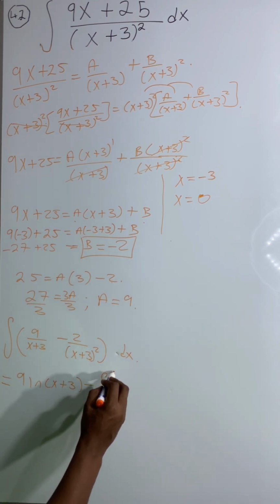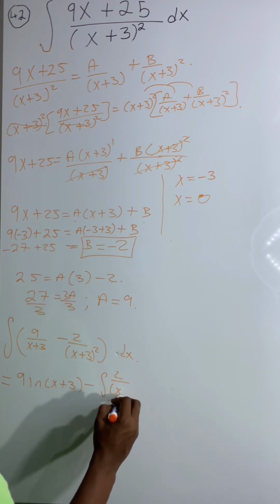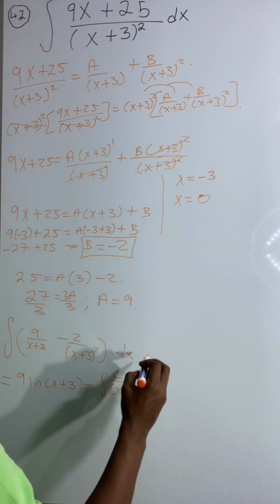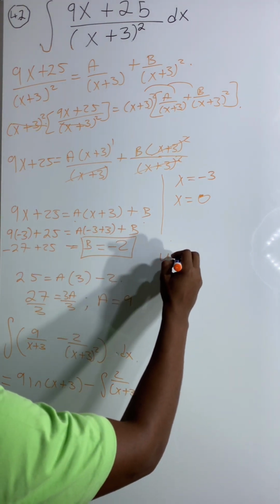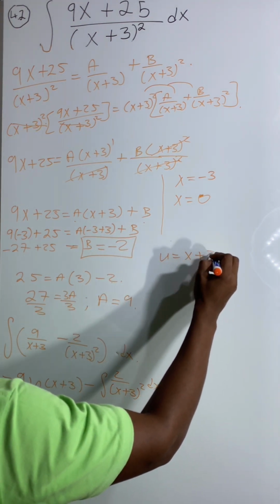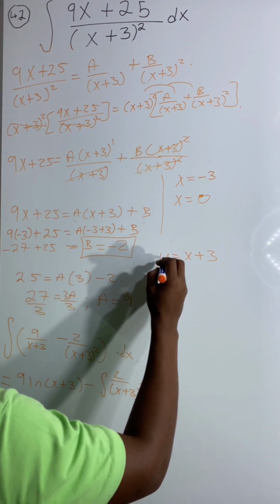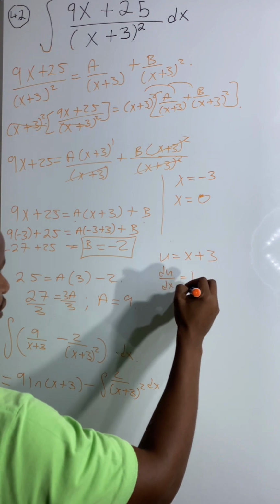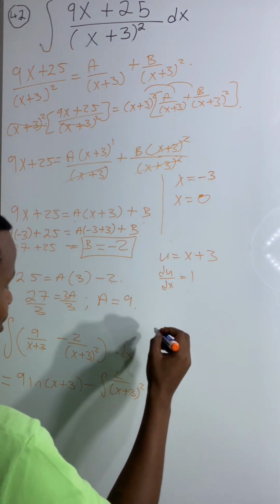And if it's not quite obvious for us to determine, then we use u is equal to x plus 3, differentiating u with respect to x. Differentiating x gives us 1, differentiating 3 gives us 0.